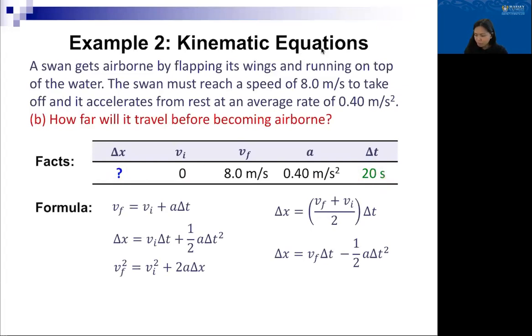Right, so if you want a rather straightforward, okay, let me just number this so we have some references. So which equation, if it were you solving this problem, would you use to solve for delta x?